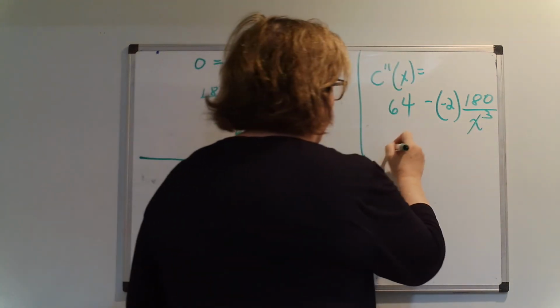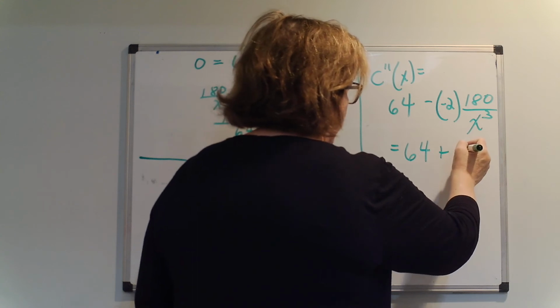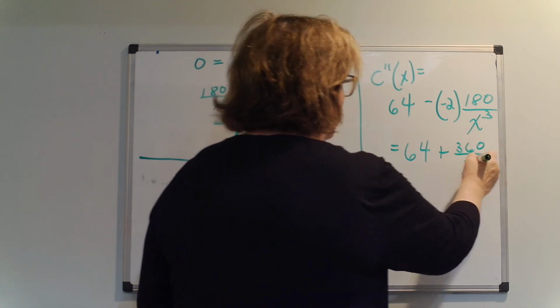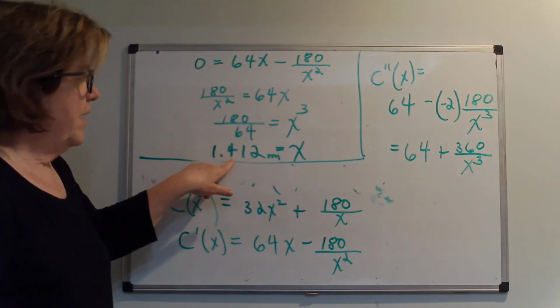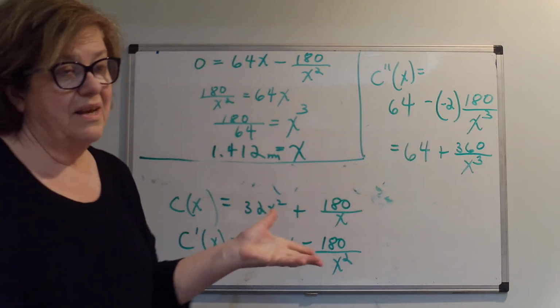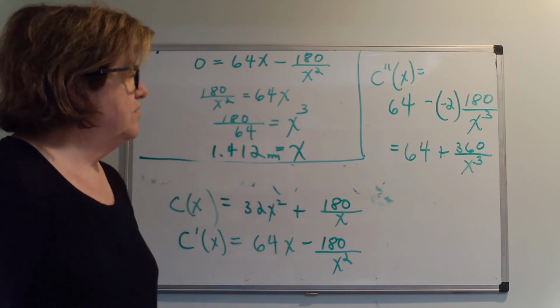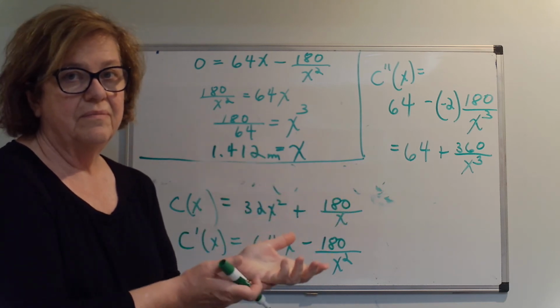So we're going to have 64 plus 2 times 180. What is that? 360 over x cubed. That's the second derivative. Well, if I put this number into here, my second derivative is positive. So that means the function is concave up. That means this is a local minimum.